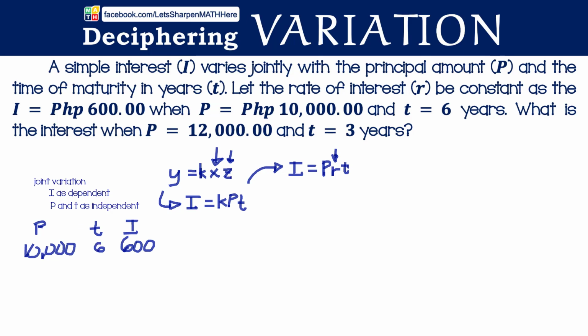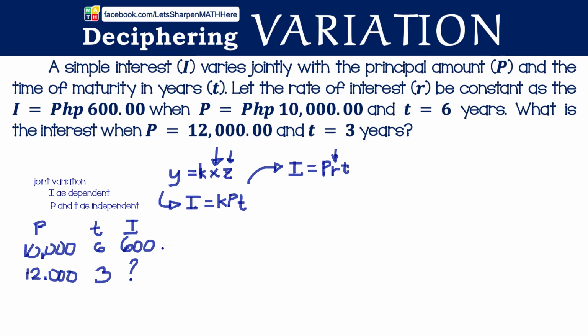We will be using this to solve for the rate of interest, or the k in this formula. And we'll be using that k, the rate of interest, to solve the unknown: what is the interest when the principal amount is 12,000 and the time is 3 years?